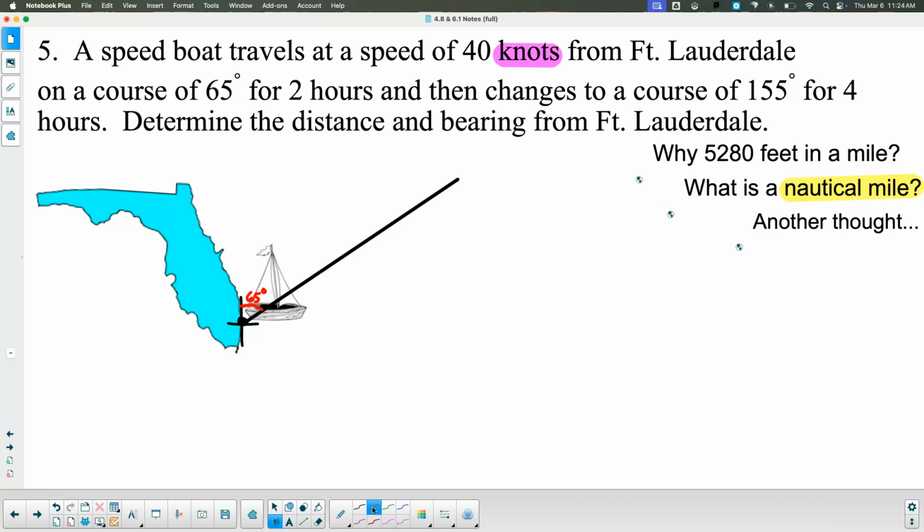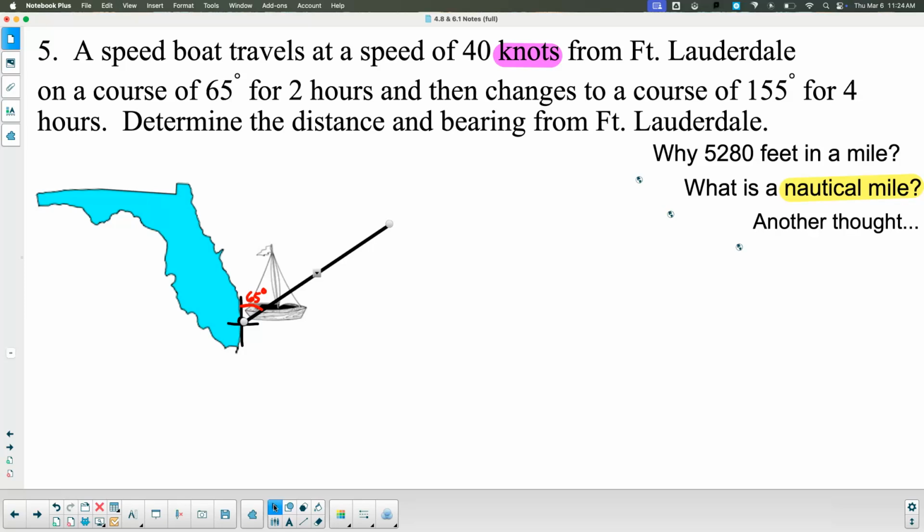It travels on that course for 2 hours. So how far did it travel? What is the length of that line segment?